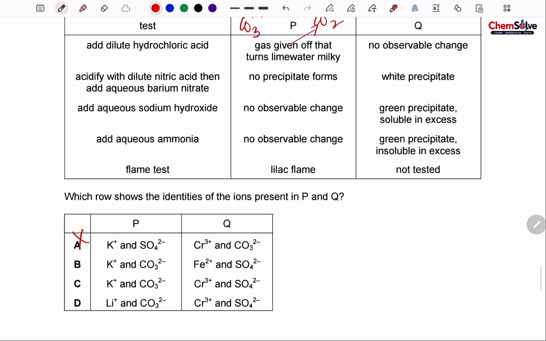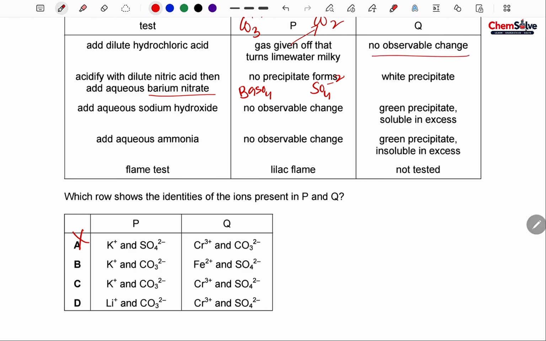Okay, acidifying with dilute nitric acid, then add aqueous barium nitrate and no precipitate is formed. If no precipitate is formed, it means there wouldn't be any sulfate here, because if sulfate is present then it will form barium sulfate which is a white precipitate. Okay, then it says no observable change.